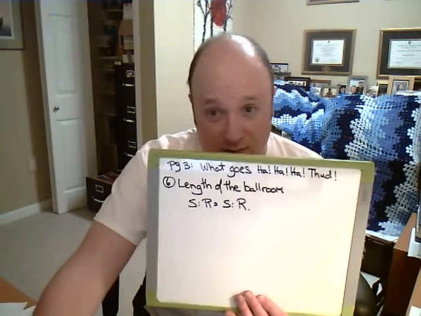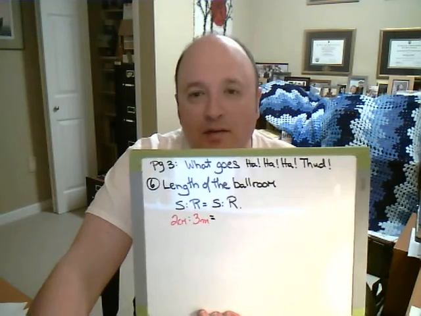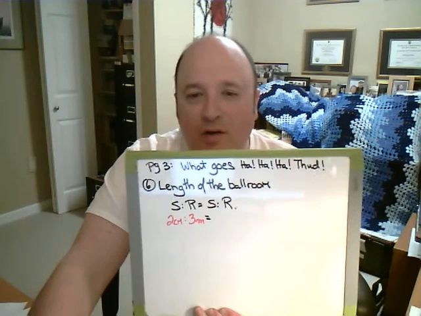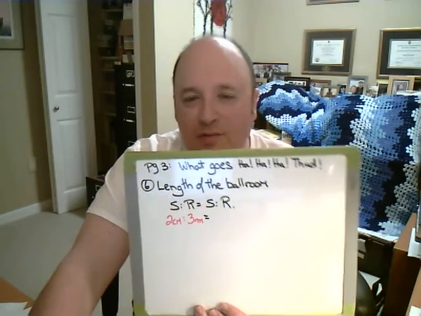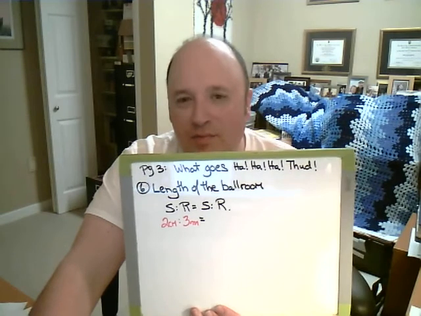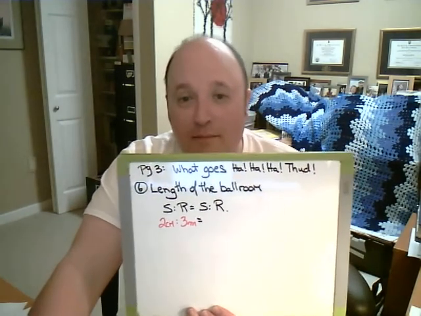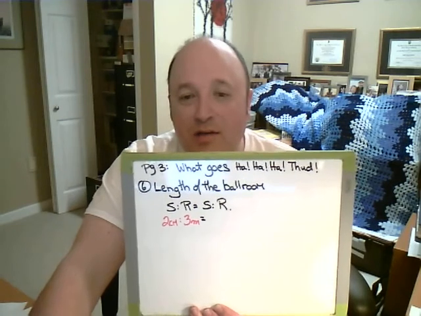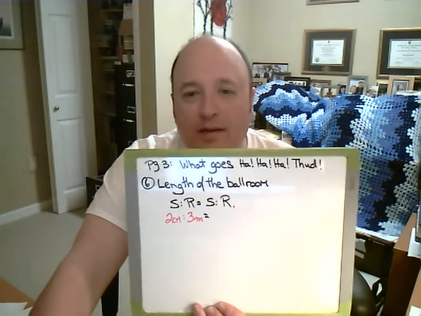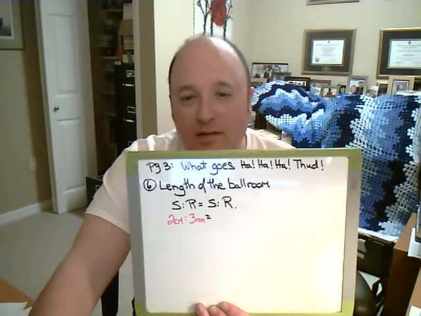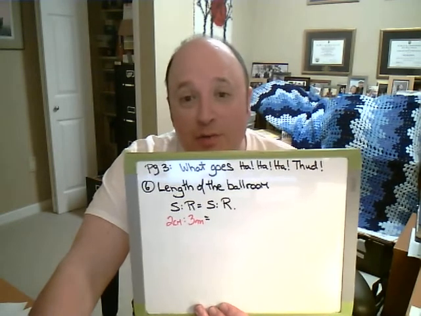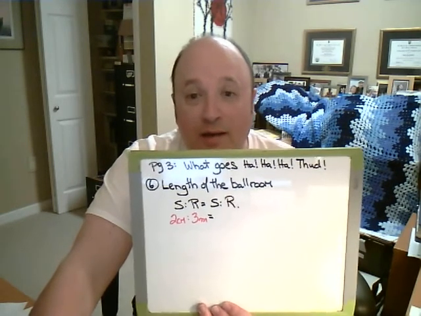If you scroll back a little bit in the video, you'll recall that we measured the length of the ballroom to be, well, I measured about 8.7, but we're going to use 9.1 because that's what our question uses. So we use 9.1 for the scale, and then we set up x as our real. So we have 9.1 to x.